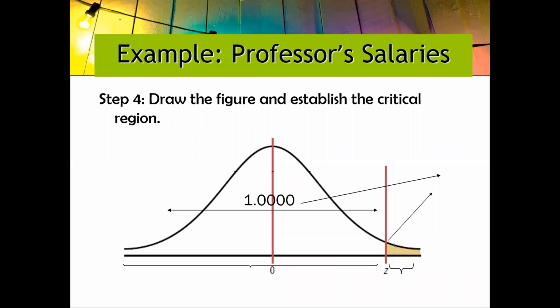For a right-tail test, we have to find and use the z value that corresponds to the area equivalent to 1 minus the alpha. Thus, 1 minus 0.05 equals 0.95.